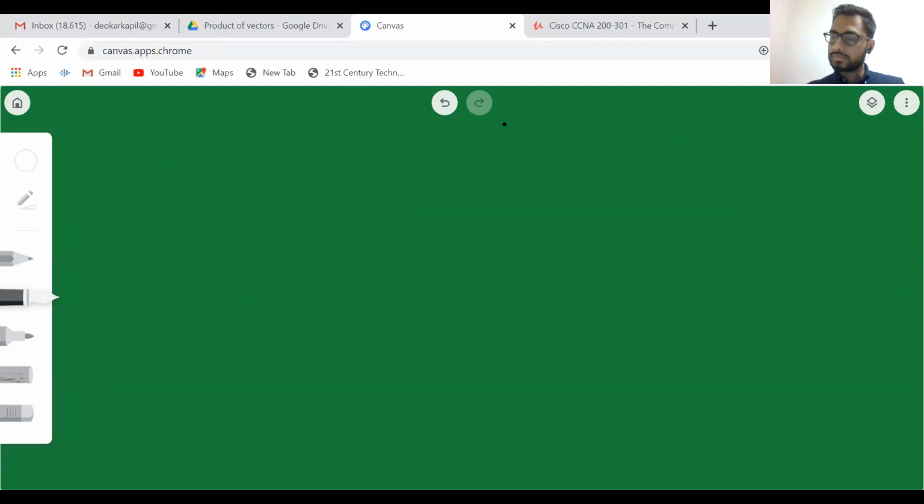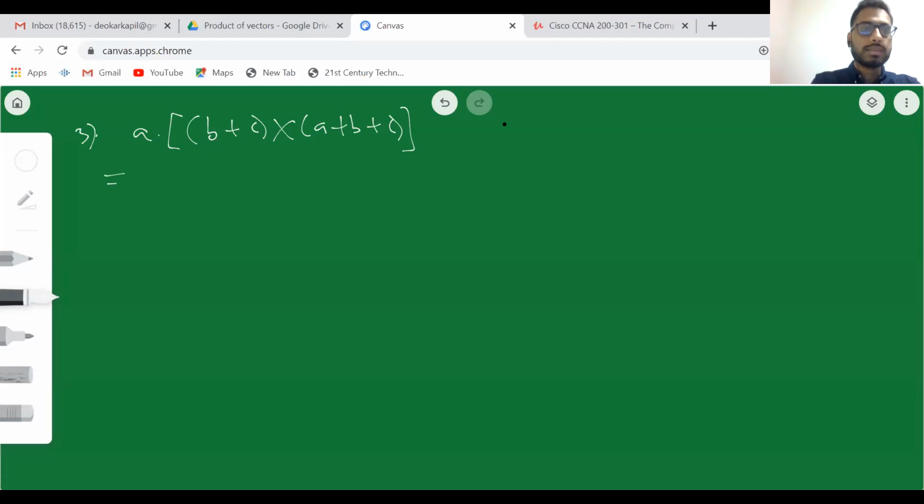Next question which was asked is, you have to find the value of a bar dot b plus c crossed with a plus b plus c. And in this particular question, your options were 0, 1, 2 and 3. So you have to find the value of this whole term by simplifying.